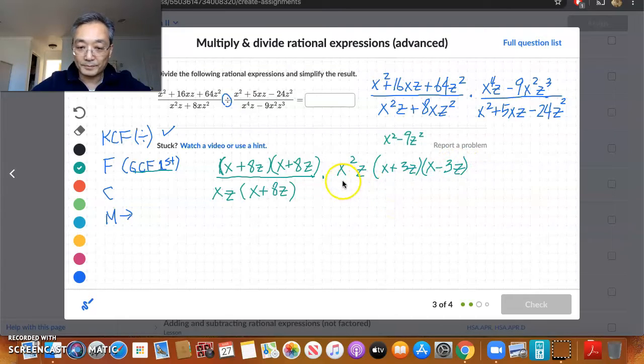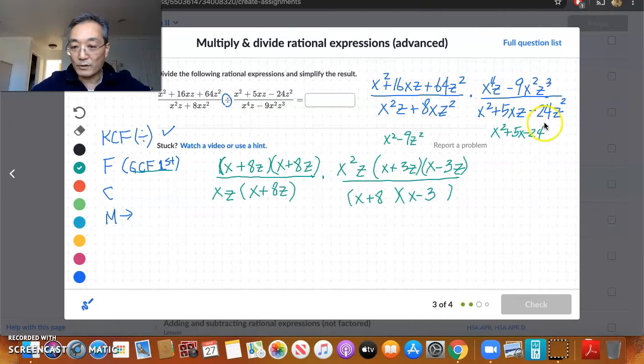All right? And then finally, this bottom one. If you didn't have the z's, it would be x squared plus 5x minus 24, which would have factored into, let me see, 8 and 3, so x plus 8 and x minus 3.